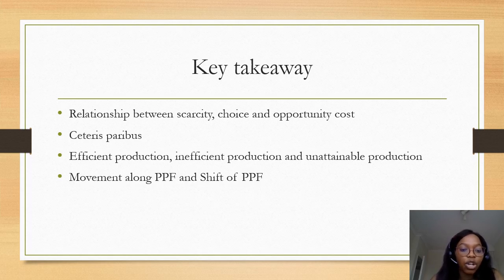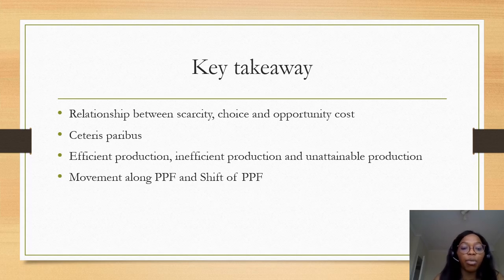And then know on the PPC when there is efficient production, which means production on the curve; inefficient, meaning a point under the curve, for instance point E; and unattainable, for instance point F, a point beyond the curve. Know when there is a movement along the PPF, which represents that trade-off relationship when we assume that economic conditions remain the same.